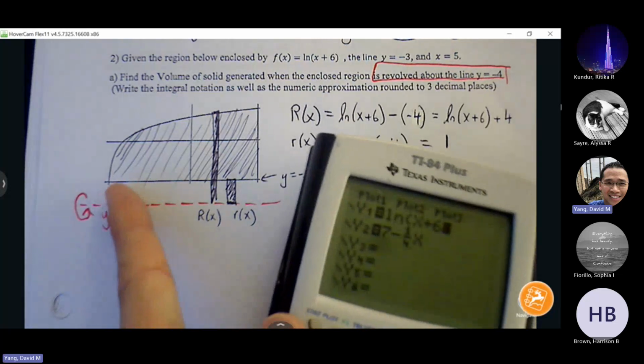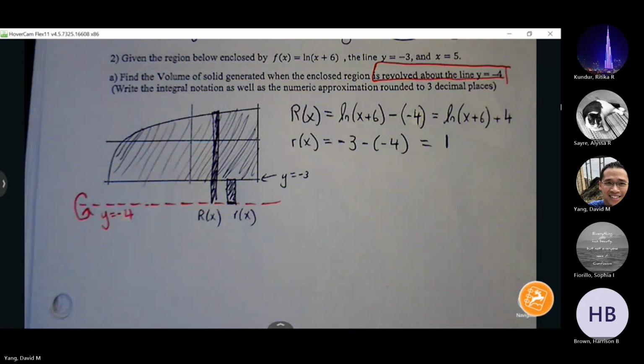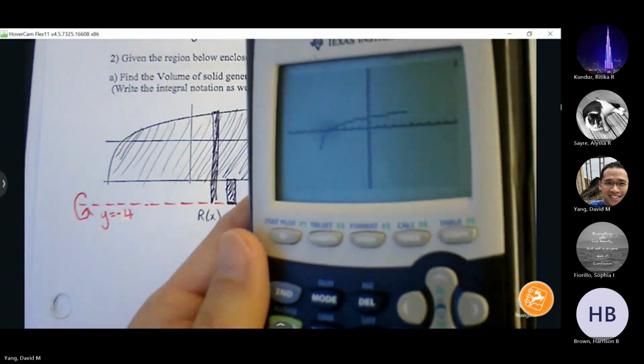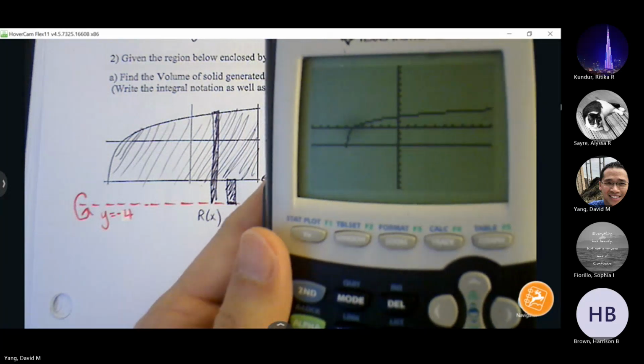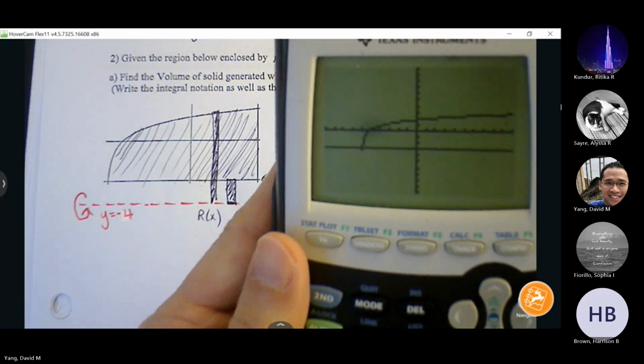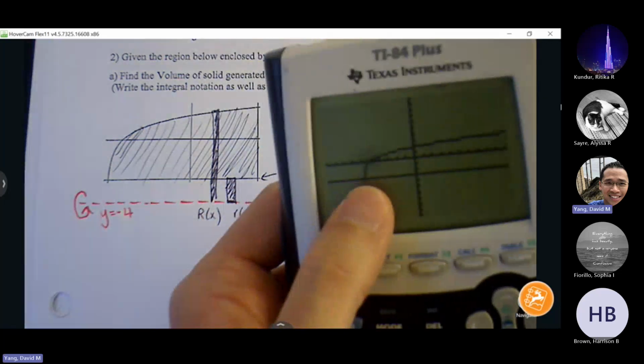That's what I'm trying to figure out the intersection of. Zoom 6. I'm going to zoom in on that region there.